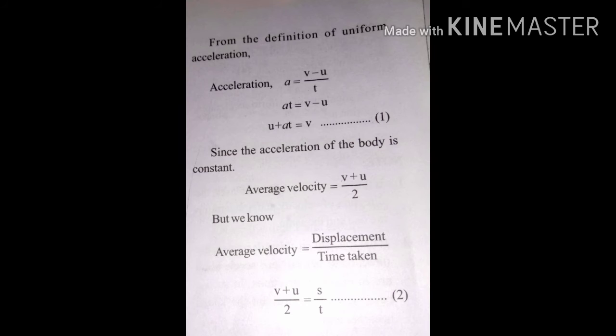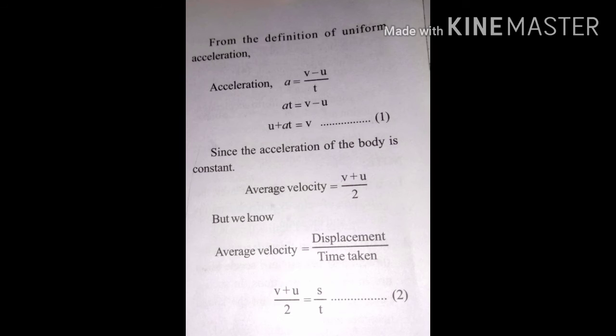You already know the acceleration formula: a equals v minus u by t, where u is the initial velocity, v is the final velocity, t is the time taken, and a is the acceleration. Taking t to the other side, at equals v minus u.